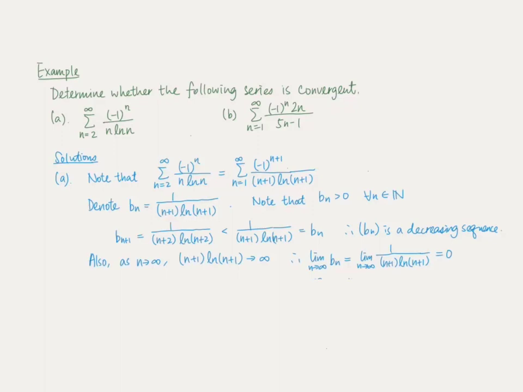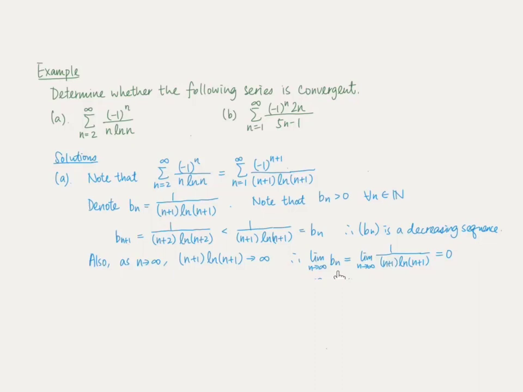And let us consider the limit of bn as n tends to infinity. That is, the limit of 1 over (n+1) times ln(n+1) as n tends to infinity. We can see that the numerator is a constant 1, but the denominator tends to infinity as n tends to infinity.